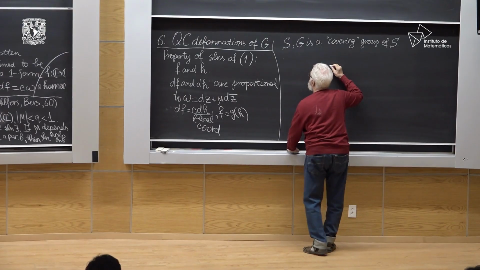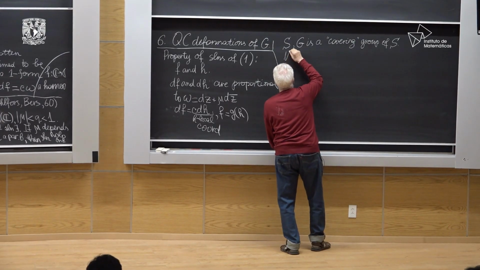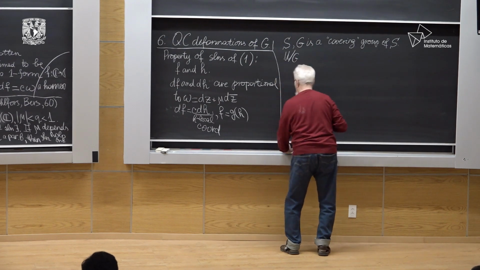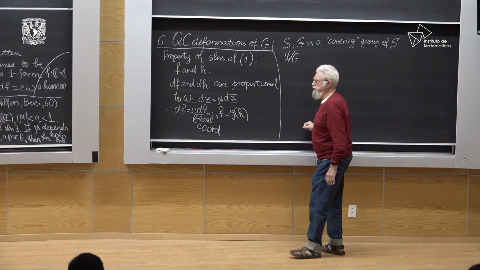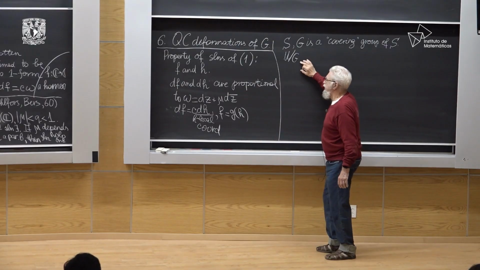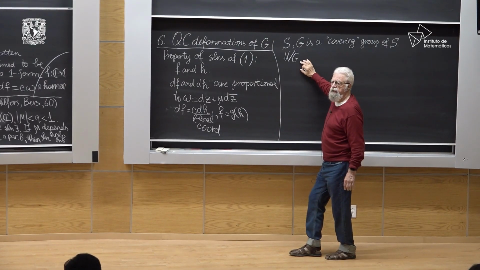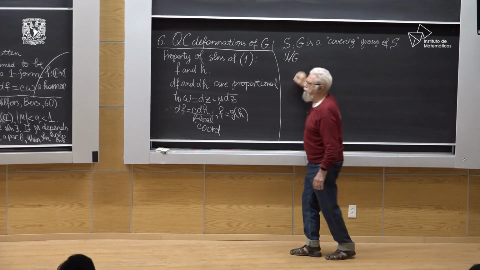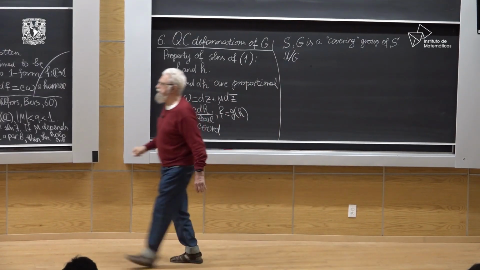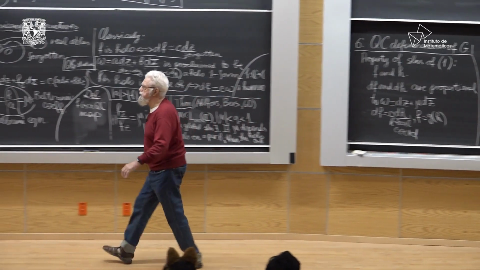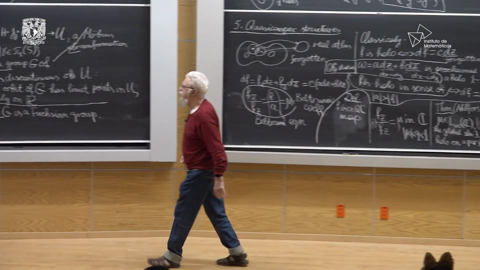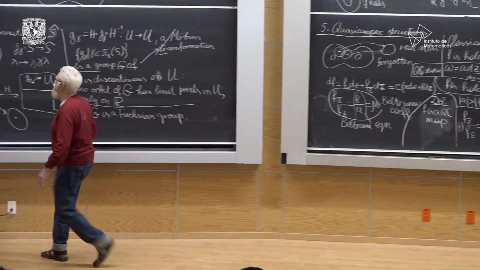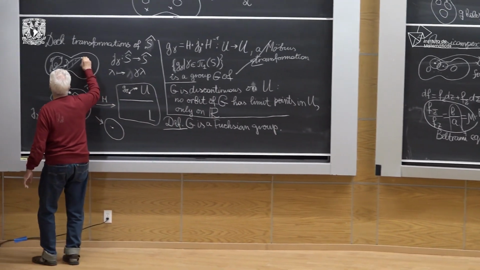If we factorize the upper half plane by the action of group G, this is the same as to identify all the points of the covering surface that lie over one same point here.